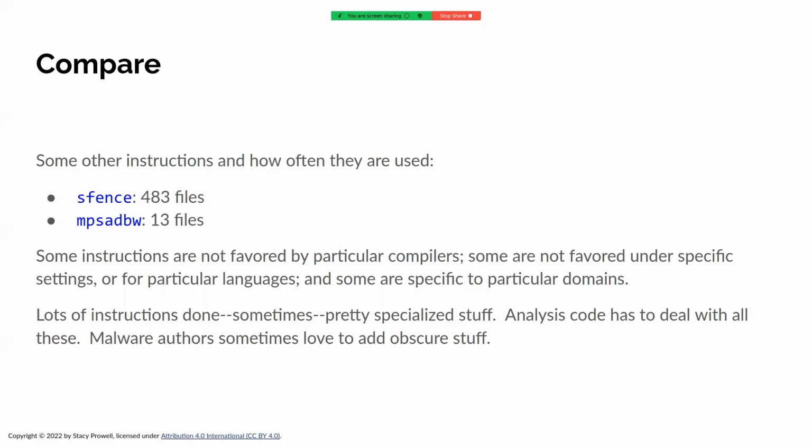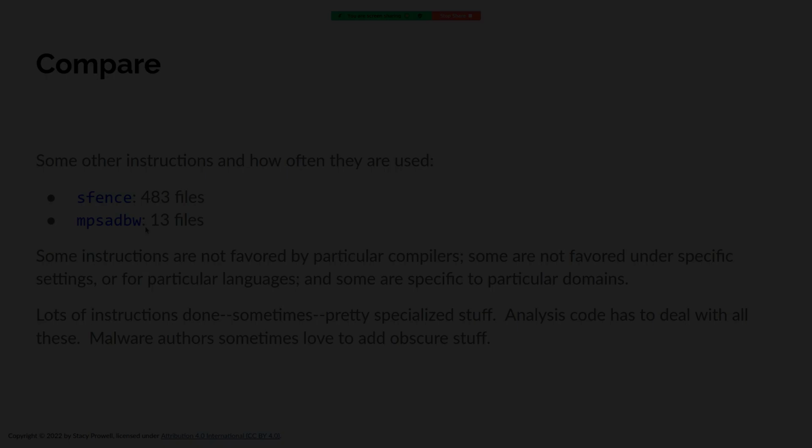So we'll talk about that next time. But some instructions are favored by them and some are not favored. And lots of instructions do some pretty specialized stuff. And if you're writing code that tries to analyze this stuff, you have to be able to deal with this wide and almost pathological set of instructions.